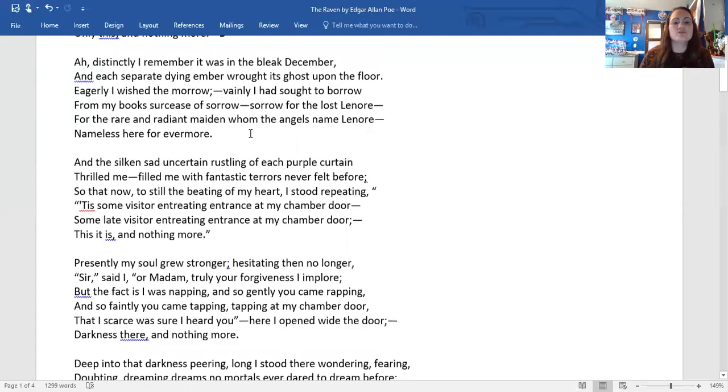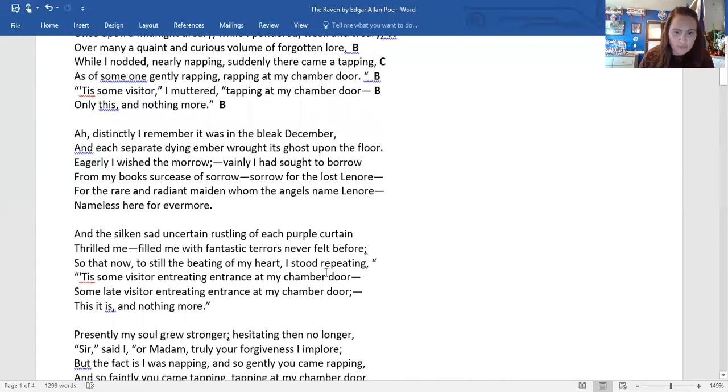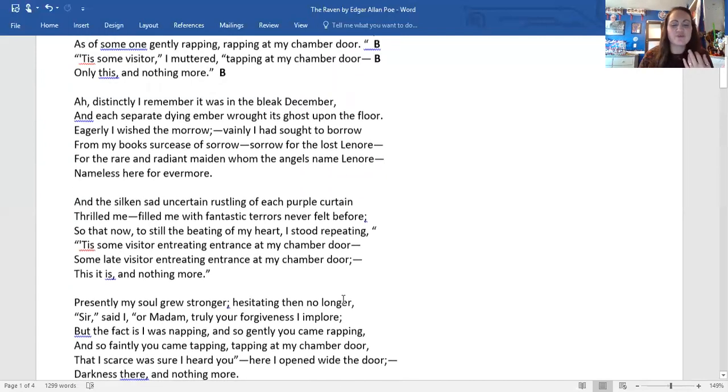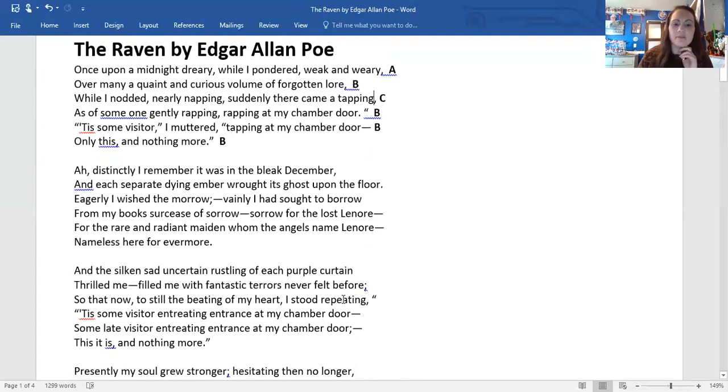We have this use in each of the stanzas of this beautiful alliteration. I love alliteration. You have use of reiteration. Here you have my chamber door, at my chamber door, repeated. You have him repeating this reiterated statement to add to that musicality as well.